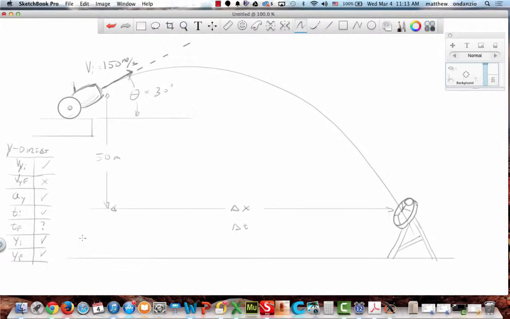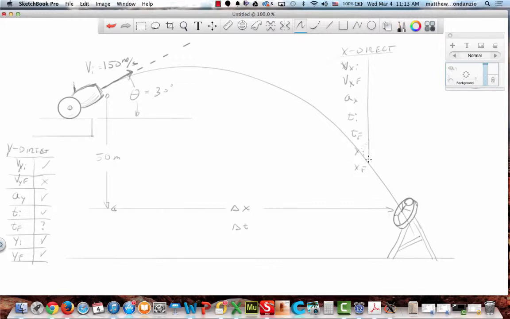So then you can have your x direction, the same thing. You can set up the same table for the x direction. You have your velocity in the x initial, the velocity in the x final, your acceleration in the x, your time initial, your time final, your x initial, and your x final.